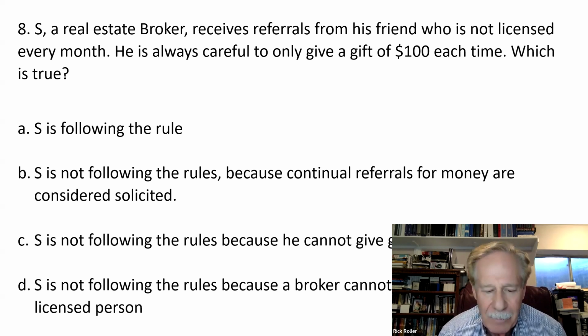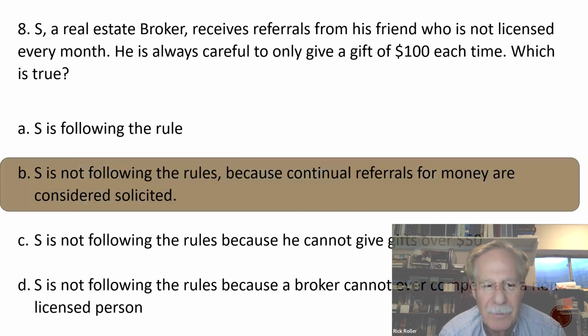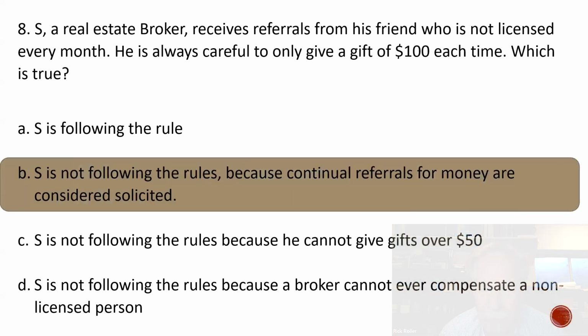Yeah, see, that's the problem. B is the right answer here, but let's look at C. He is not following the rules because he cannot give gifts over $50. No, you can give a little bit more than that. He is not following the rules because the broker cannot ever compensate a non-licensed person. Well, you can, it depends on what's compensation.